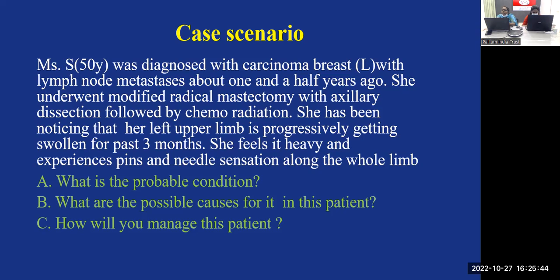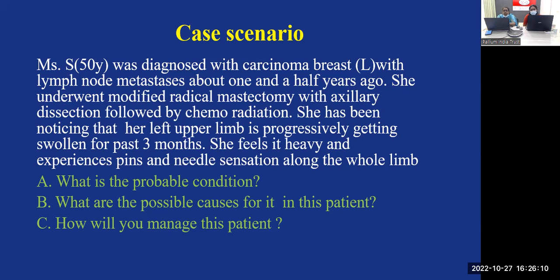Okay, how will you manage? You have to do the proper assessment. You have to do the clinical examination. After the measurement, definitely you will come to the diagnosis. Once you diagnose lymphedema, then you have to do the proper management.